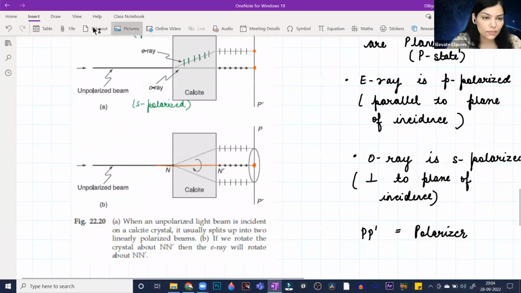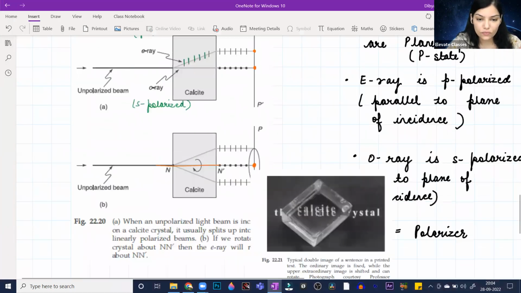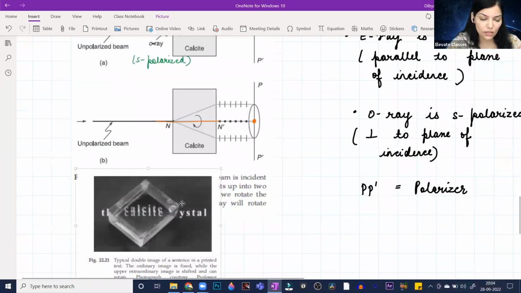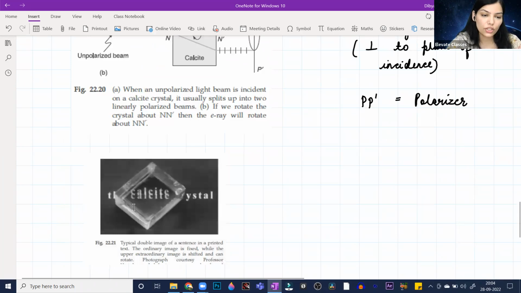I've taken this image also. Maybe I'll put it so you can see what it looks like. So this is a typical double refracted image. Just look at the image directly produced inside the crystal, okay. You can see two calcites written.